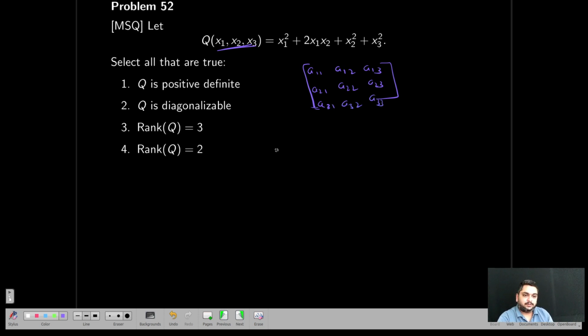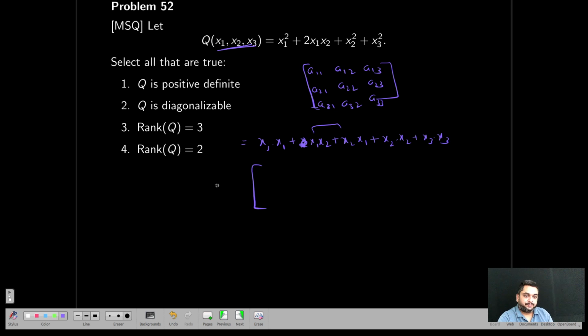So convert this into that form. That is x1 into x1 plus x1 x2, because I need to make it symmetric, x2 x1, so both become symmetric, plus x2 into x2 plus x3 into x3. Only these coefficients are available, the rest will be 0 in your matrix.